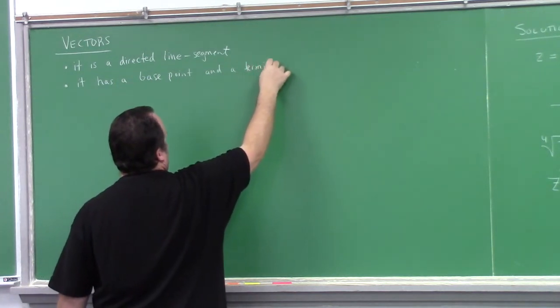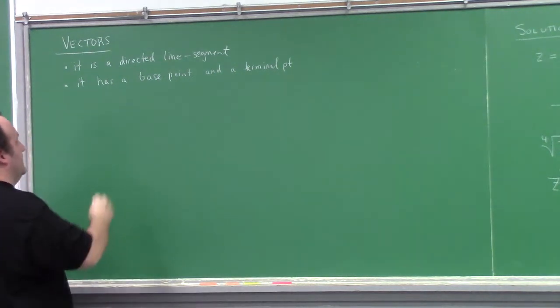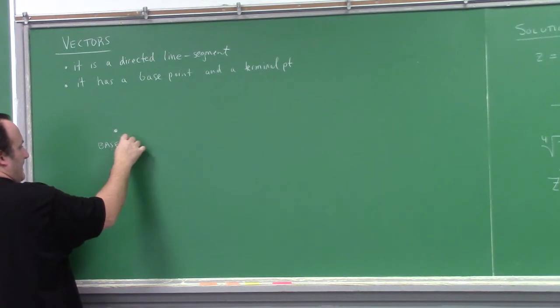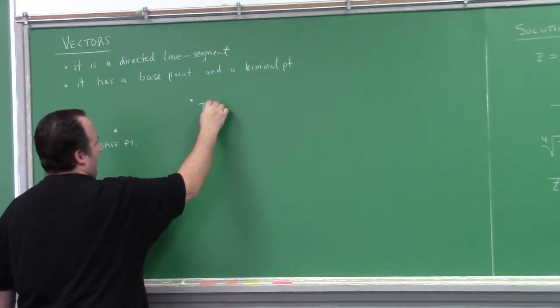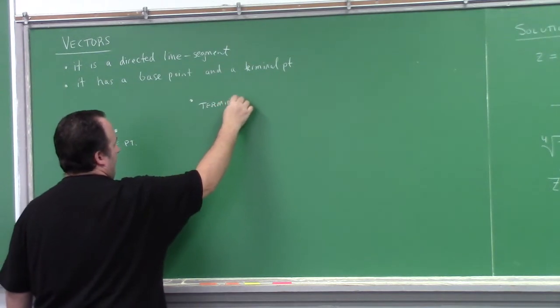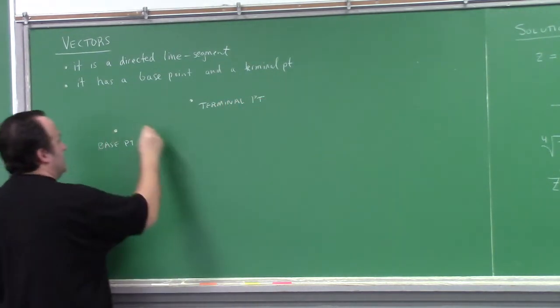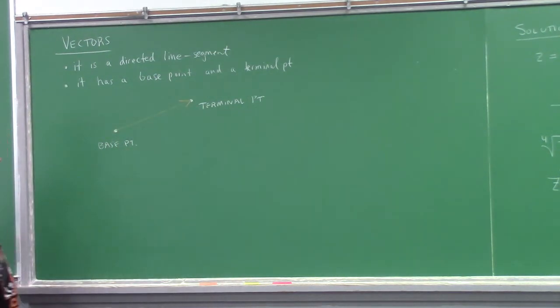All right, so if this is the base point and this is the terminal point, then we typically draw the vector, we envision it as an arrow. It goes from the base point to the terminal point, right, like that.